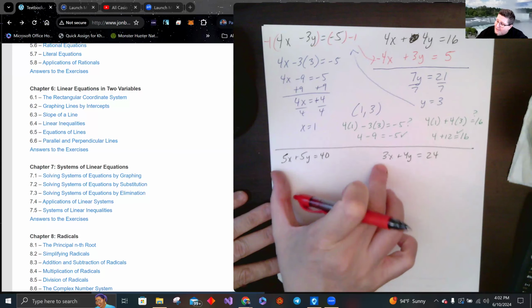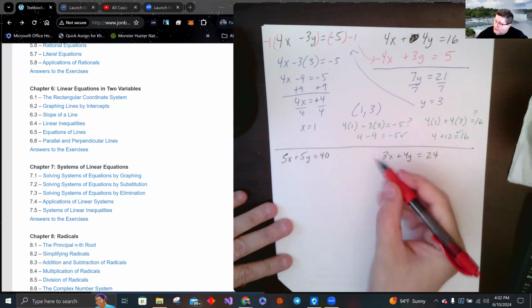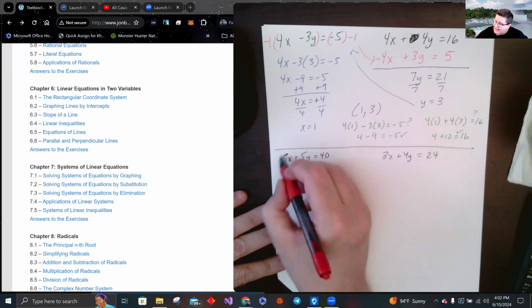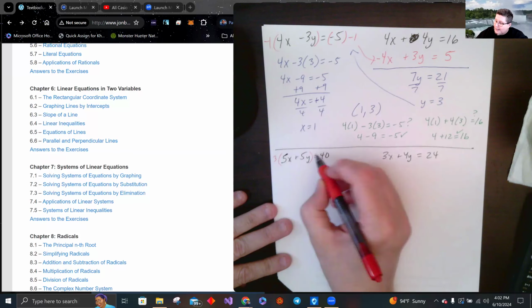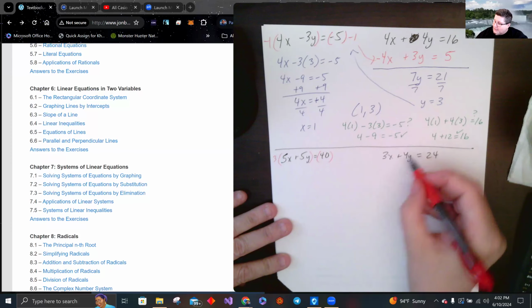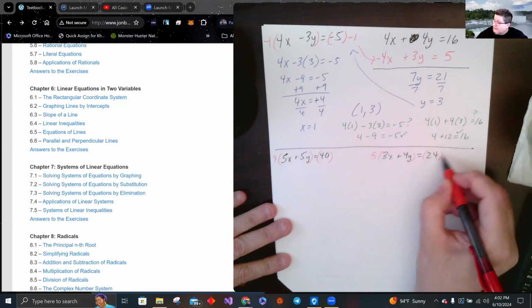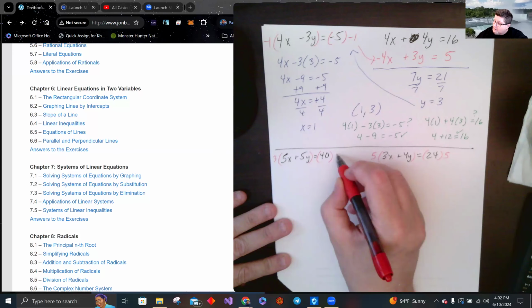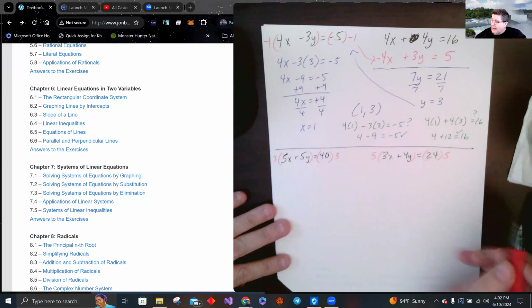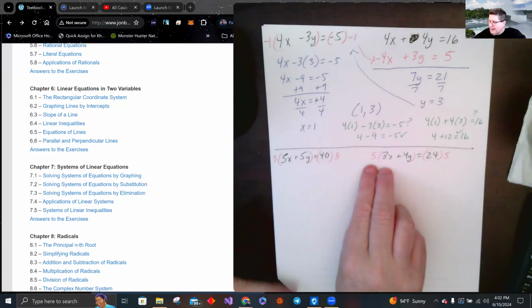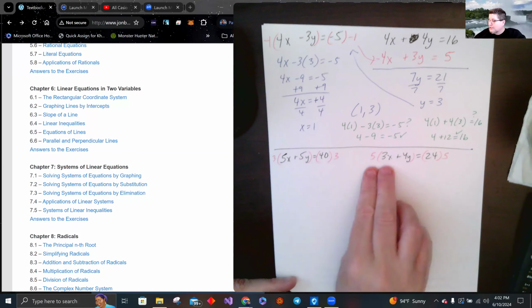X has a 5 and a 3. So this one has the 3, I'm going to multiply this by the 3. And this one has a 5, and I'm going to multiply this one by a 5. And that will end up getting me a 15x on both of those.